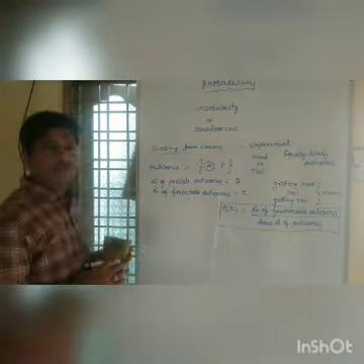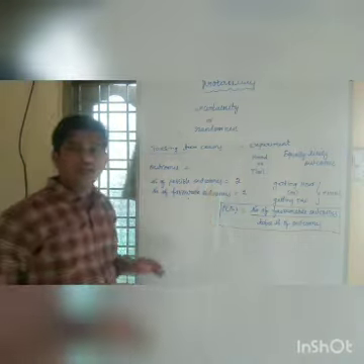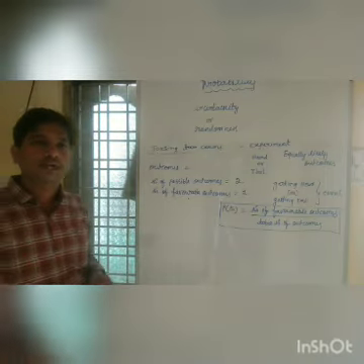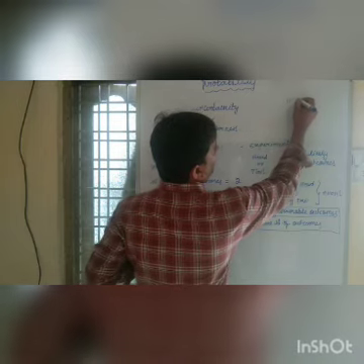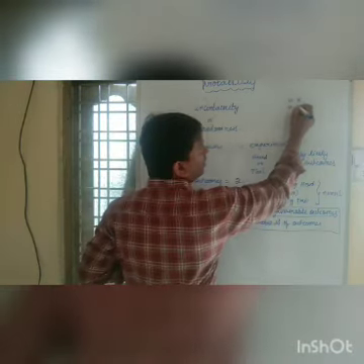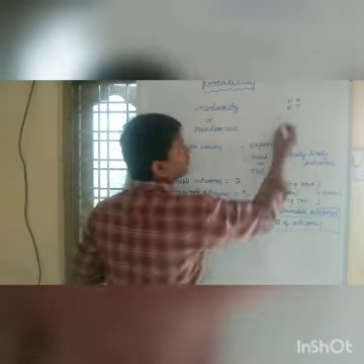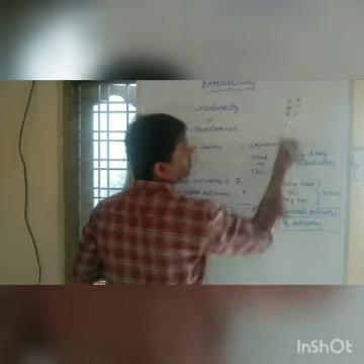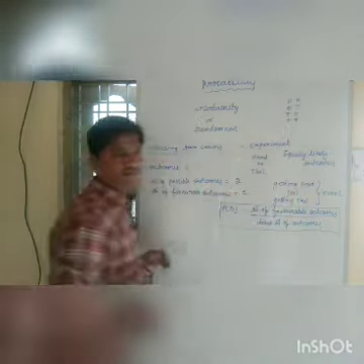When we toss 2 coins, what are the possible outcomes? Either you may get head head, you may get head tail, because we are tossing 2 coins, children. Either you may get tail head or else tail tail.